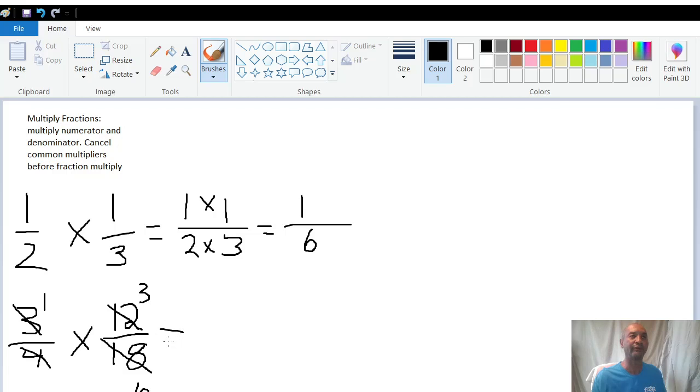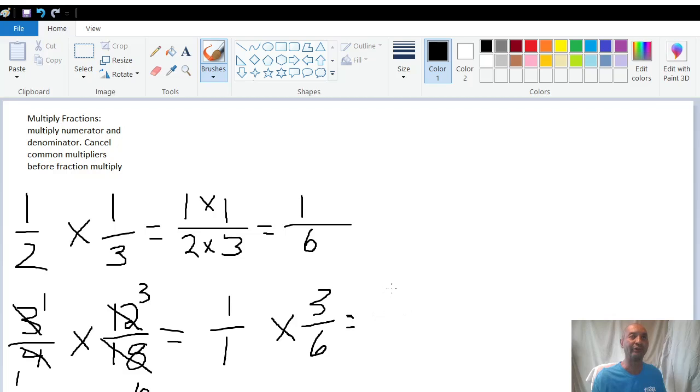Right, so then over here we have 1 over 1 times 3 over 6. And of course, 1 times anything equals whatever that number is.